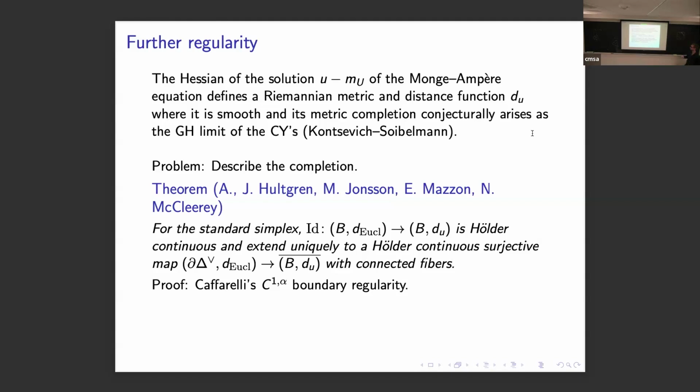The point is really that it extends to a continuous surjective map when you include, for the Euclidean part, the entire polytope, and then you take the metric completion. The moral of the story is that when you take the metric completion, you're not adding more than what is already in this polytope. So that's one thing that you might want to know.